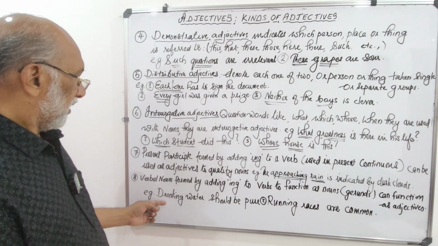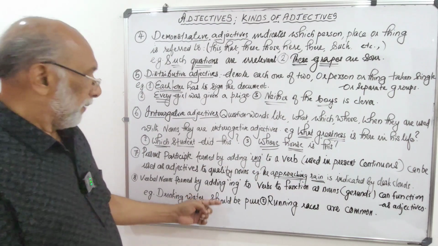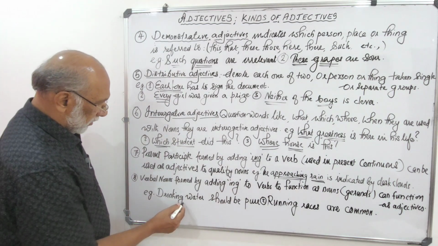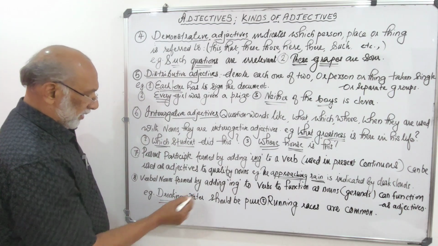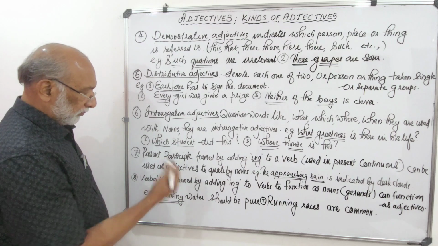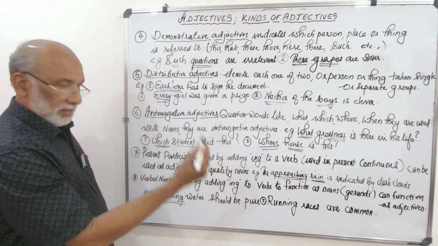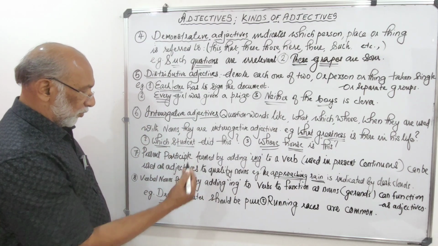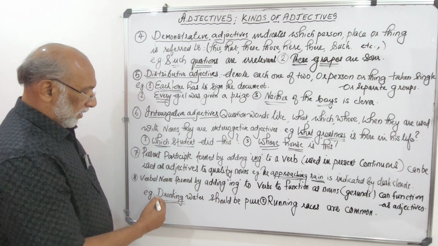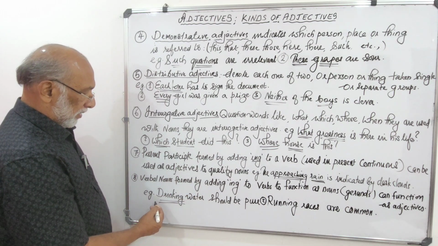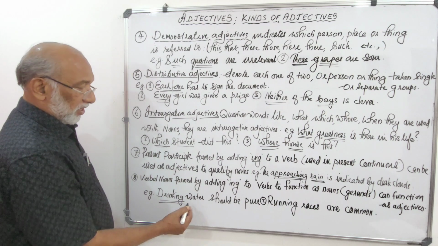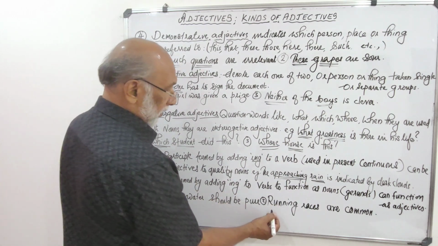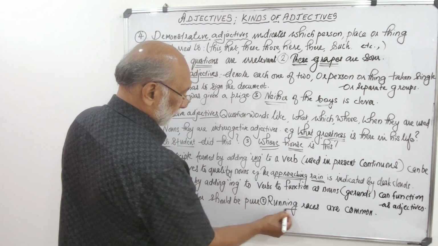See the example. Drinking water should be pure. Here, drinking water is a gerund. I mean, ing is added to a base form to form the gerund. Drinking water should be pure. Running races.